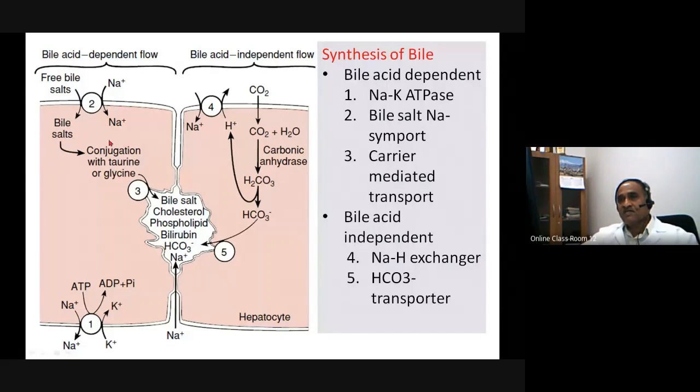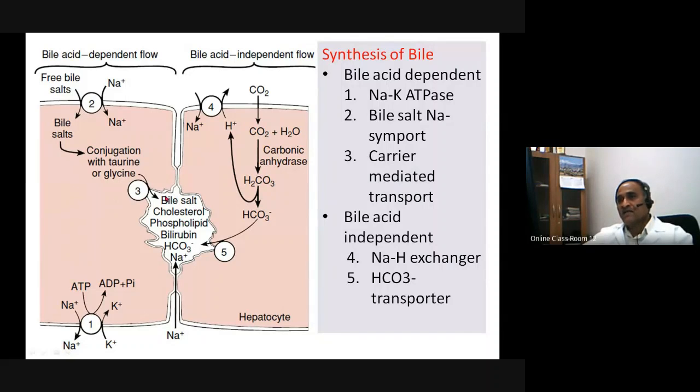These bile salts are then conjugated with taurine and glycine, mostly glycine. These conjugated bile salts are transported again by another bile salt transporter here in the lateral spaces, and they secrete into the lateral space.